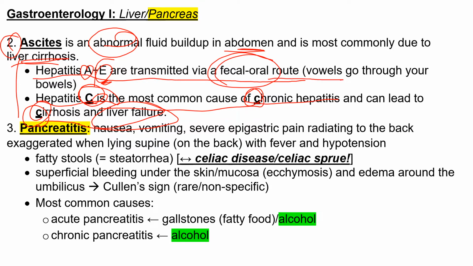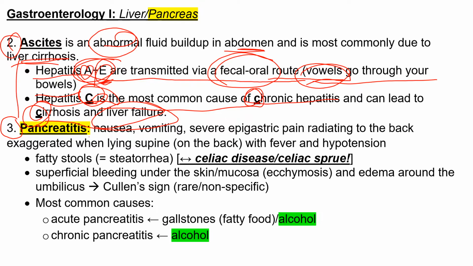I want you to remember it by thinking vowels go through your bowels. Hepatitis A and E, both are vowels. C is for chronic. Hepatitis B has an excellent vaccine that works very well. We don't see it anymore, although it used to be the most common type of hepatitis overall. And now let's go to pancreatitis.